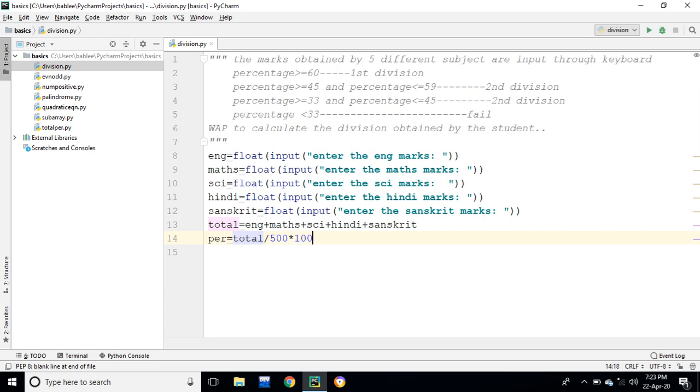Thereafter we have certain conditions to calculate the divisions accordingly.